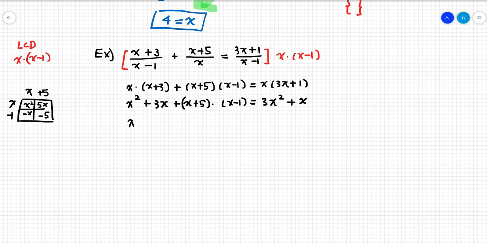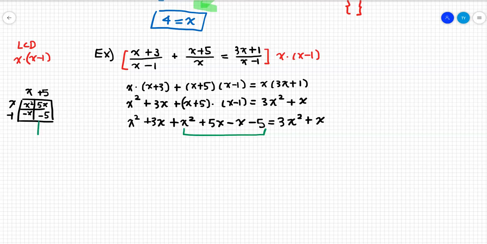I have x squared plus 3x plus x squared plus 5x minus x minus 5 equals 3x squared plus x. This term, x squared plus 5x minus x minus 5, is coming from this one here.